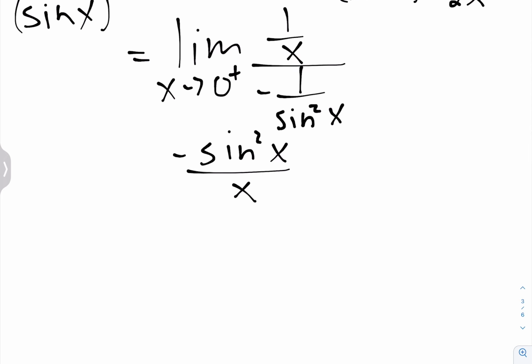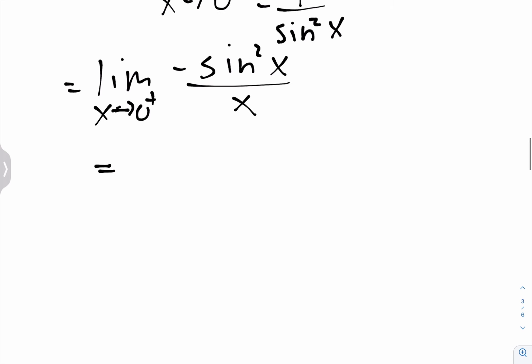This is going to be the limit as x approaches 0 from the positive direction. Okay, we differentiate the top and the bottom again. The bottom is just going to be 1 because we're differentiating x. So the derivative of negative sine squared x, well, we can use the product rule for that. So it'll be negative sine x times sine x.